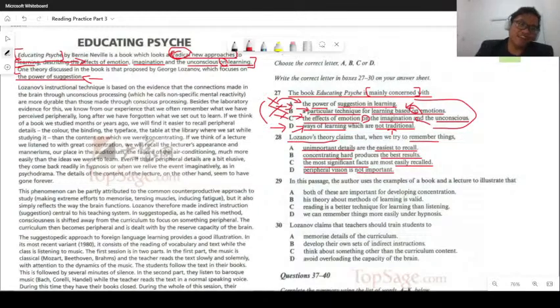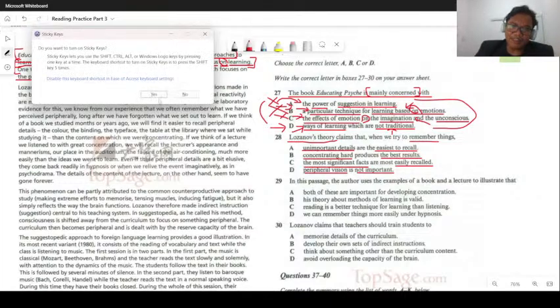Let's take a look at the second paragraph. Lozanov's instructional technique is based on the evidence, so that's evidence.